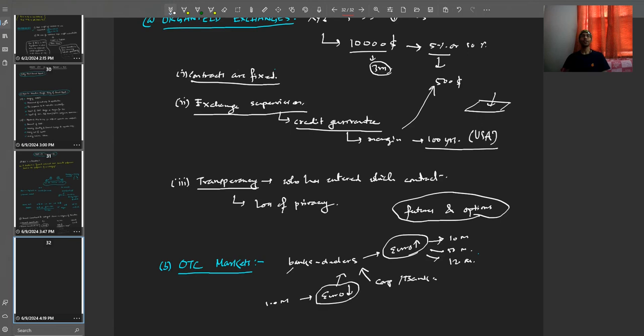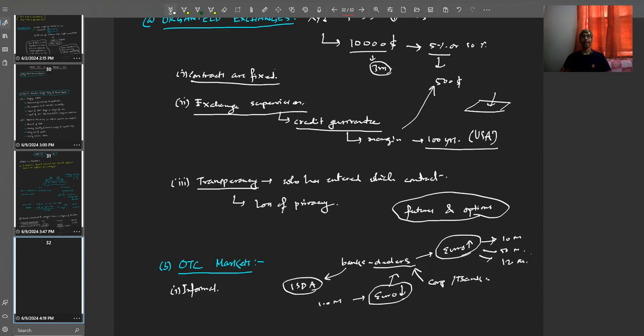Now these banks who are acting as dealers are generally members of ISDA. ISDA is basically called the International Swaps and Derivatives Association. Now the features of the OTC markets, let's discuss that. OTC markets, first of all, are informal.